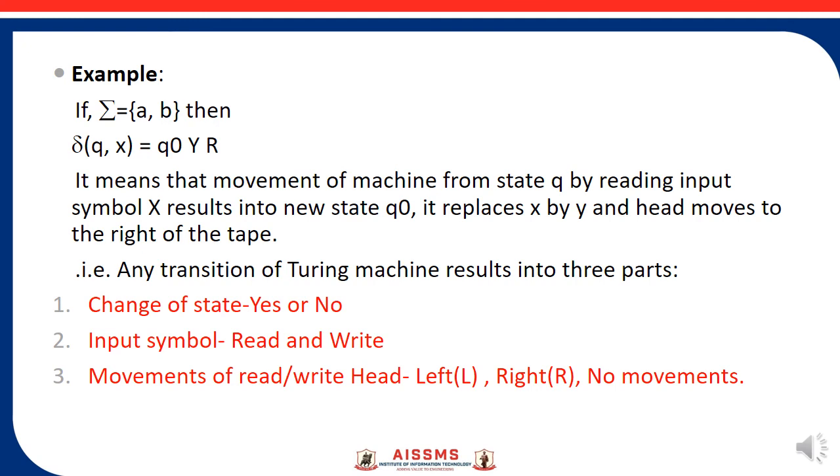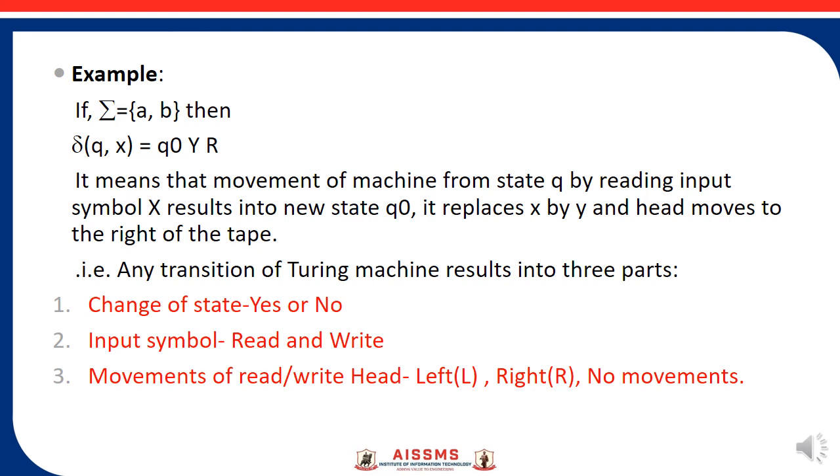So considering one example for the transition function, as you can see here. This transition function delta means that the movement of the machine from the state Q by reading the input symbol X results into the new state Q0, and it replaces this X symbol by the Y symbol, and the head moves to the right of the tape.